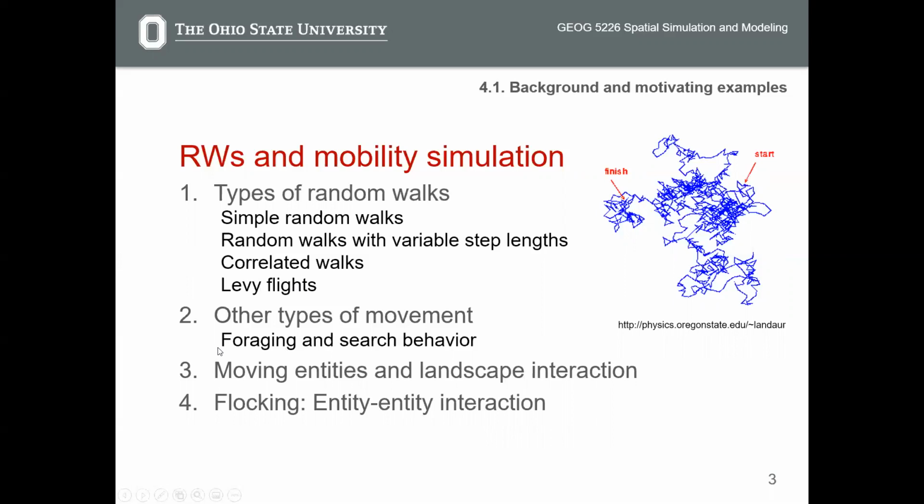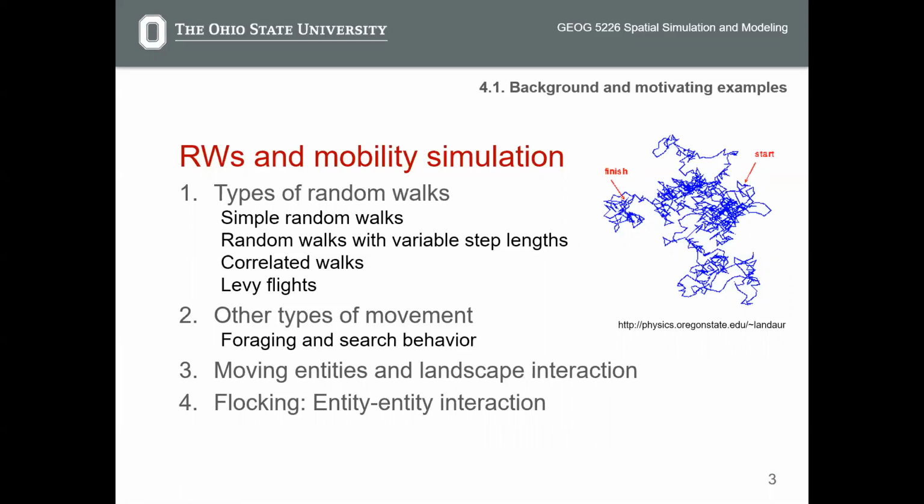Okay, and also foraging and searching behavior. I mentioned this before. When animals are trying to find food, they would always try to be efficient, which means use the least time to find as many resources as possible, like food, water, or any other resources.